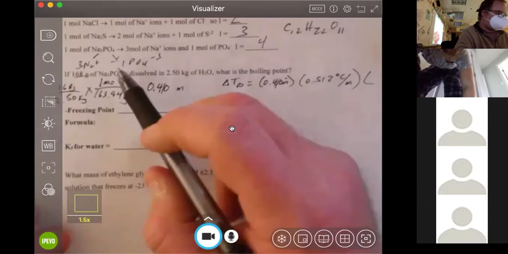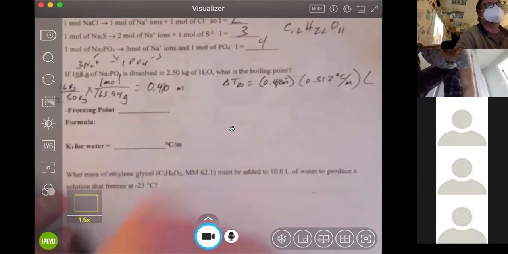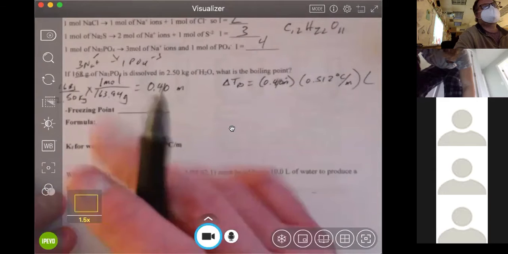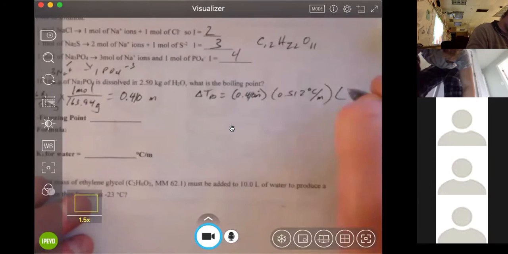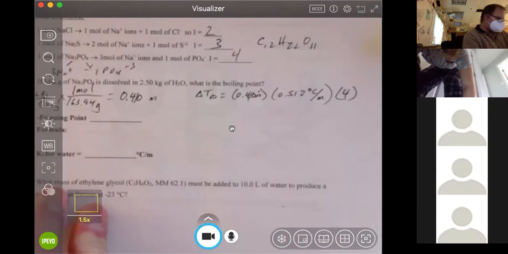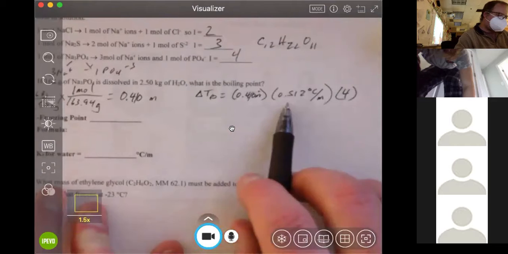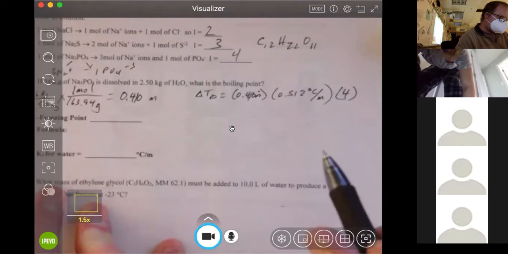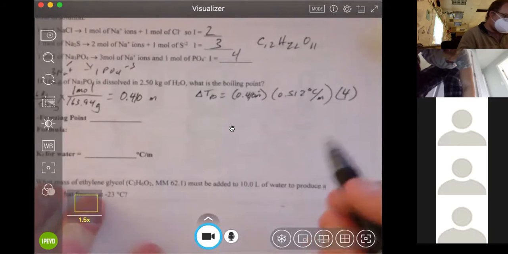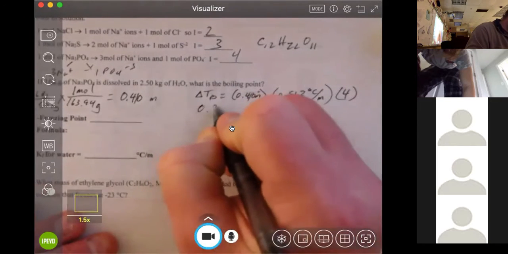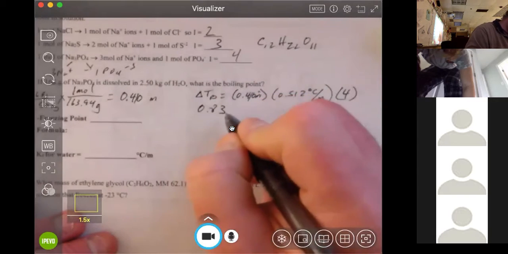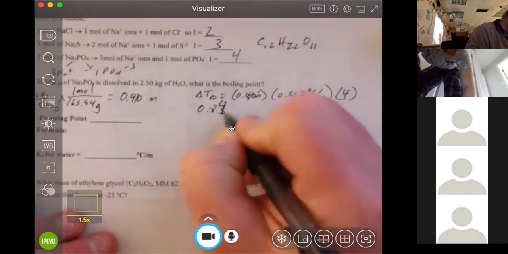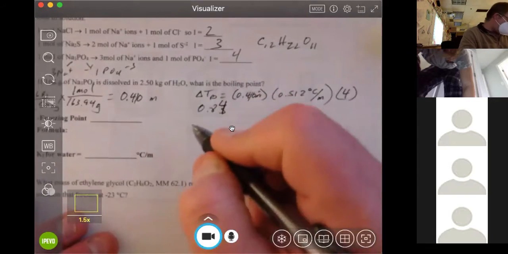What is the Van Hoff factor for Na3PO4? Yep, 4. 0.410 times 0.512 times 4. The answer is about 0.8396. 0.840.